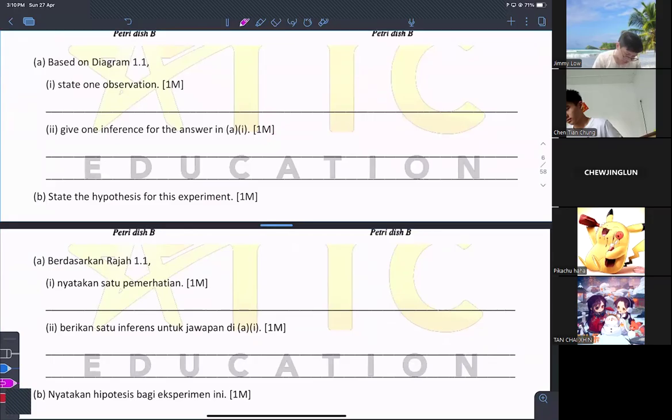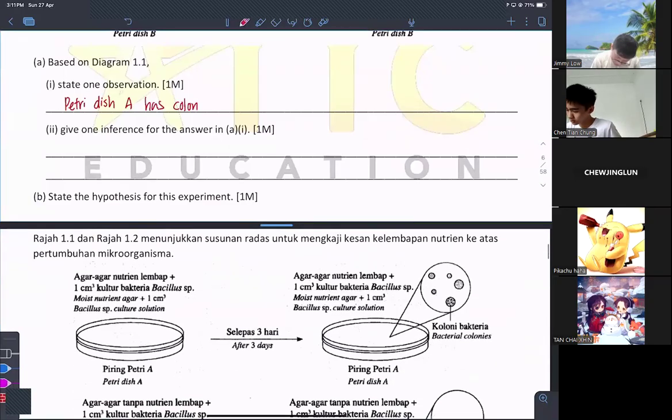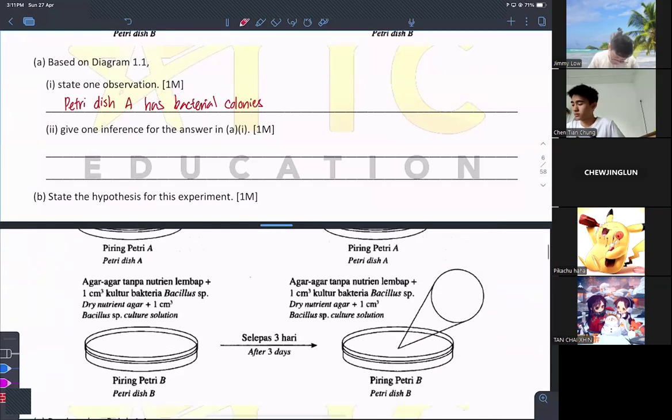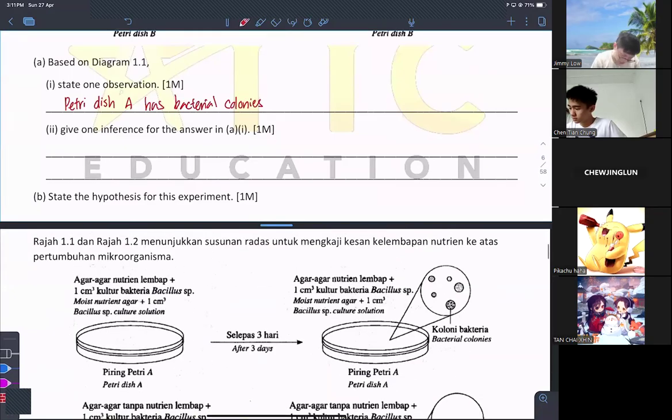So I would choose to say Petri dish A has colony bacteria after 3 days.